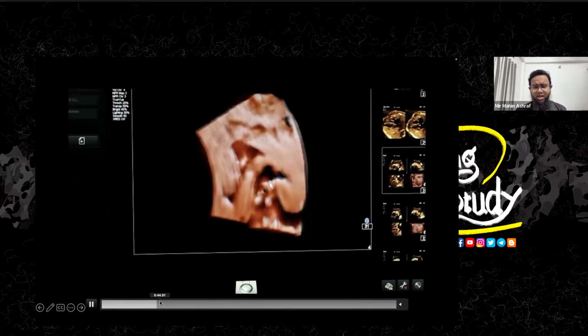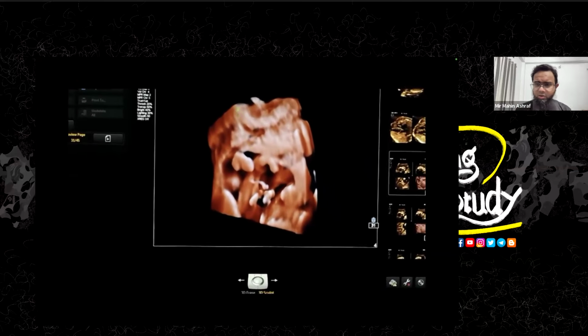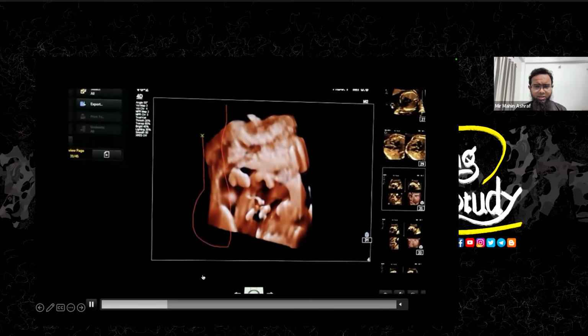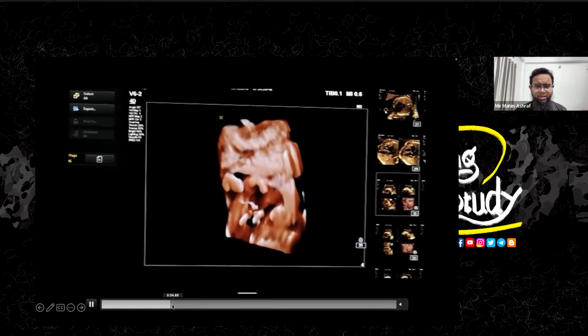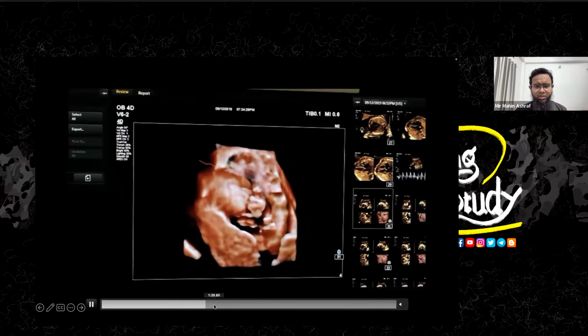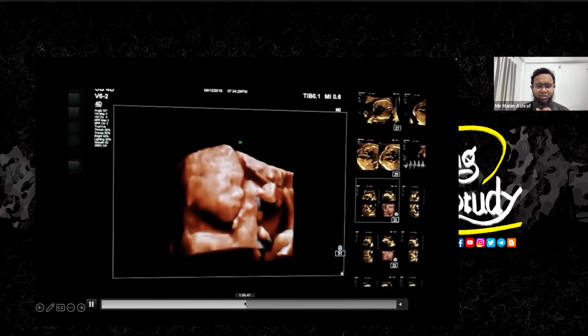Don't say to the patient that I'm cutting your baby's hand now, I'm cutting your baby's face now. That's the weird thing. So using the scalpel option, I'm just cutting the adjacent areas. So now after rotating, I'm just cutting and cutting again and again. So now the image comes like this.